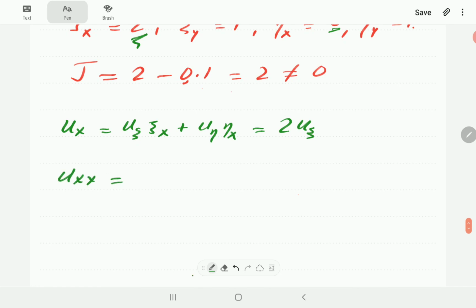Then uxx, if we do the same routine, it's just going to be 4 times u xi xi.